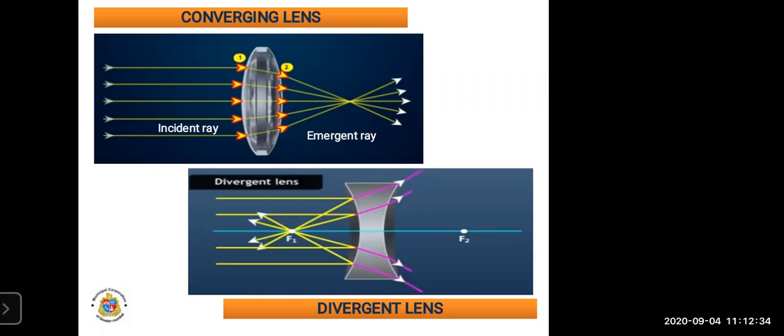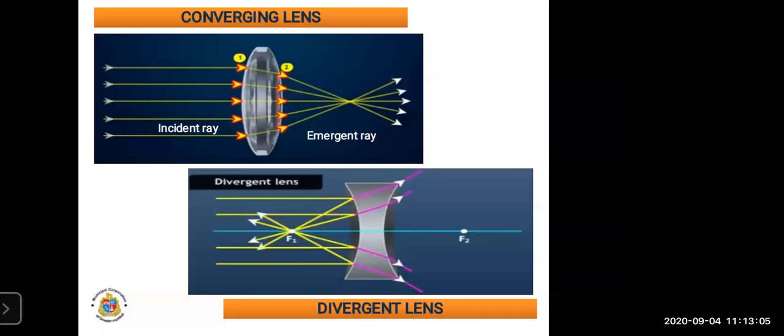Incident rays parallel to the principal axis get incident on the surface of the convex lens, and after the incident, what will happen? They get refracted. The direction of the light ray changes here. When the second refraction happens, those rays are called emergent rays.